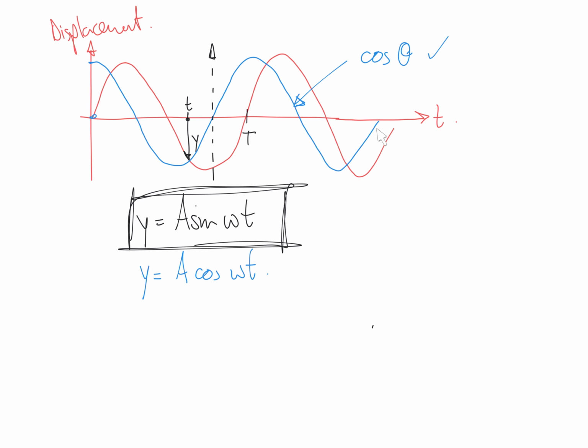I'm now back to a sine graph. So how do we indicate a shift? And where do I put the shift in this equation in order to make that work? Well, very simply, what I do is I introduce something called a phase difference.